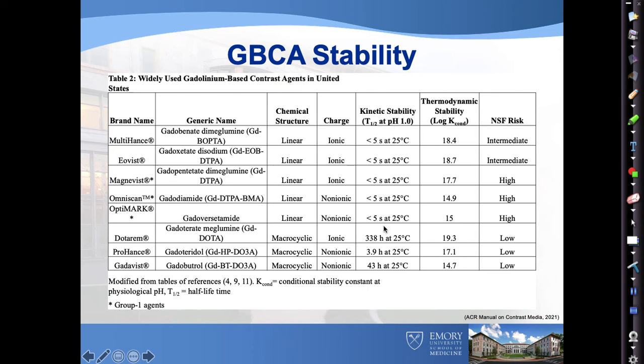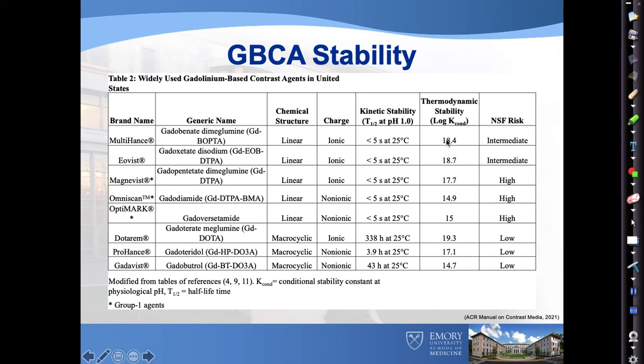I want you to take note of the kinetic stability for our linear agents. As you can see, the dissociation half-life time is less than 5 seconds for our linear agents, but for our macrocyclic agents, for Dotarem, it takes 338 hours to disassociate. For ProHance, it takes 3.9 hours, and for Gadavist, it takes 43 hours.